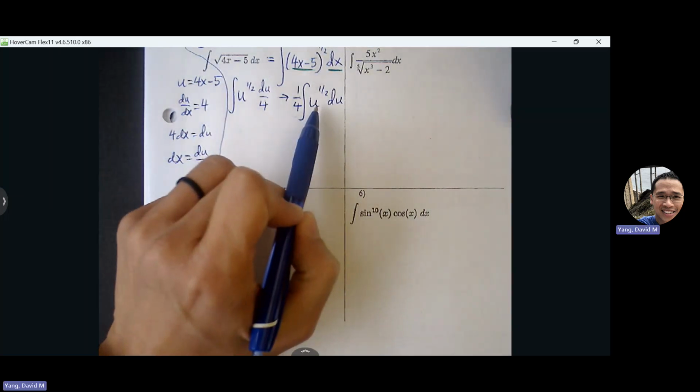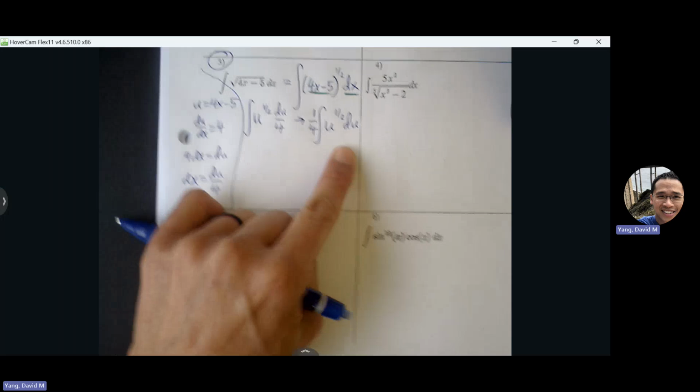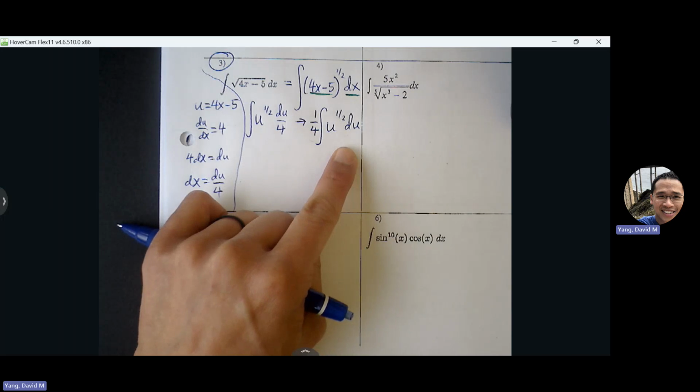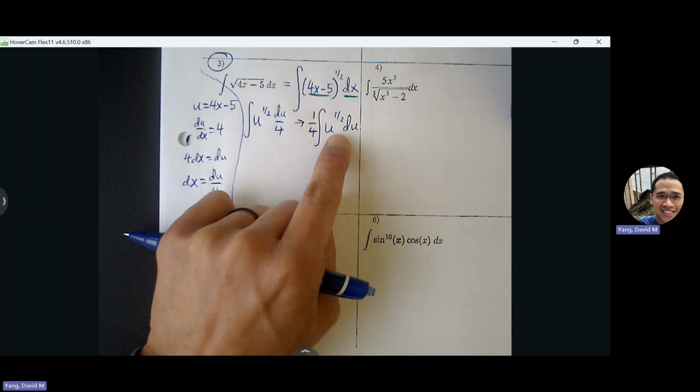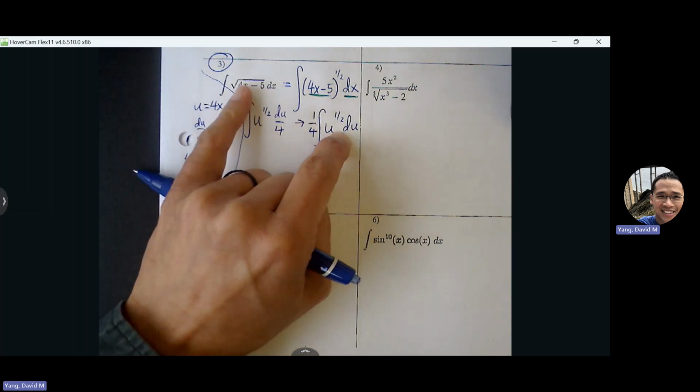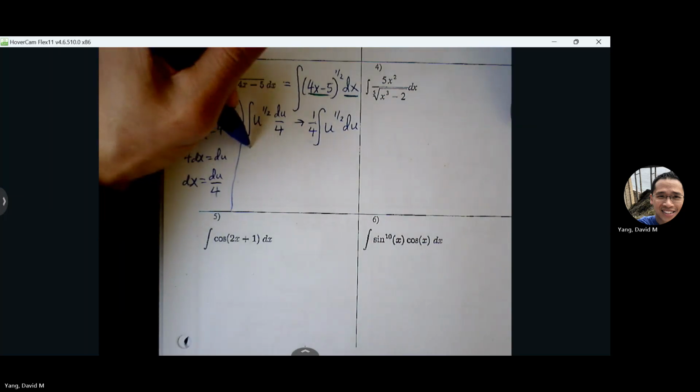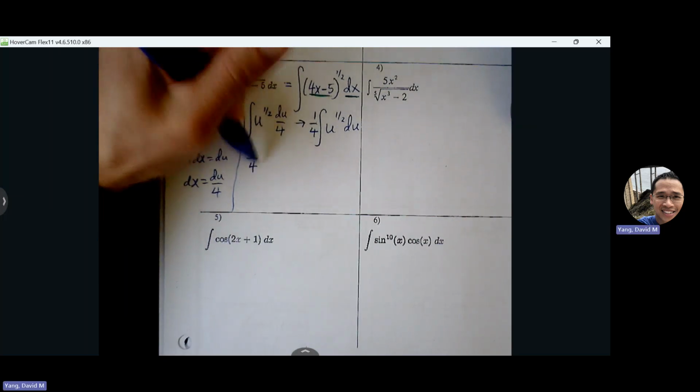Okay, integral u to the 1/2 is ready for power rule. Again, a good indication that you're on the right track is you're looking at a simpler version of the problem you started with. All right, so start with power rule.